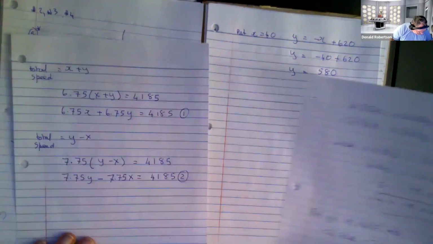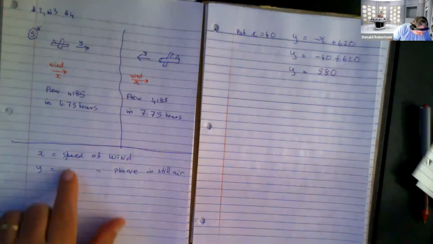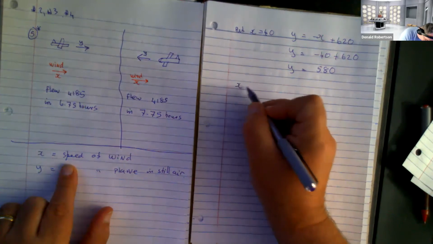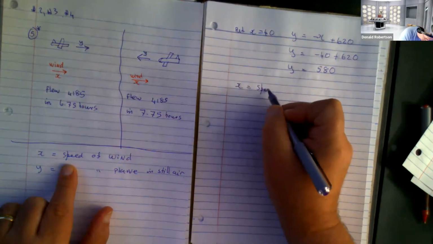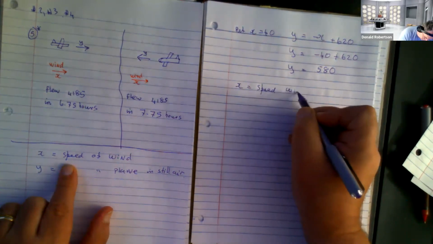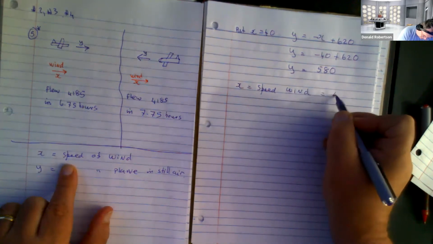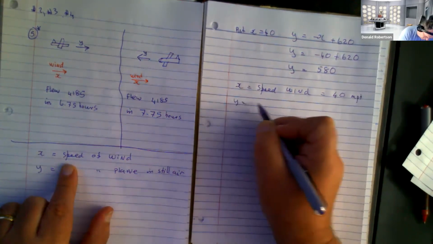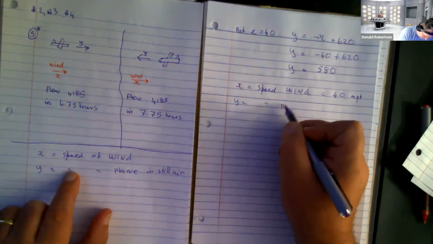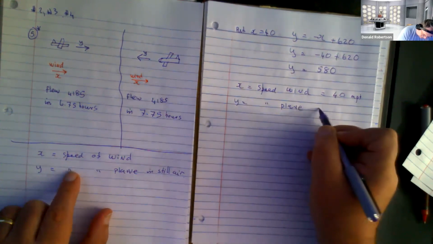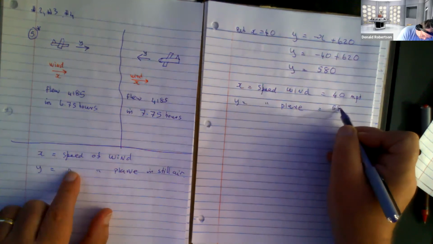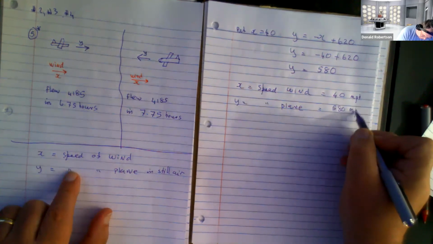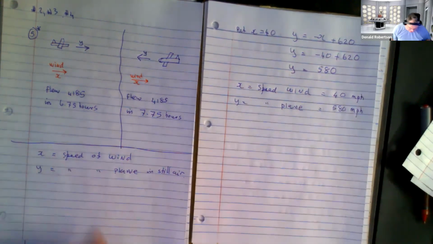So way at the beginning, we figured out that x is going to be the speed of the wind. And that was 40 miles per hour. And y was going to be the speed of the plane in still air. And that is going to be 580 miles per hour. And that looks good. And it's also correct.